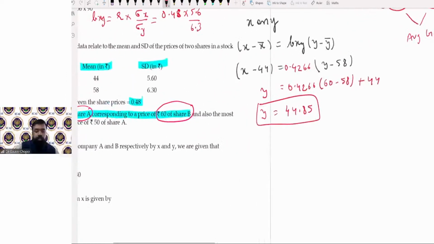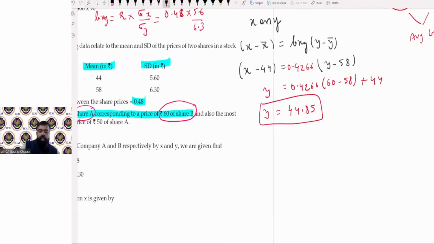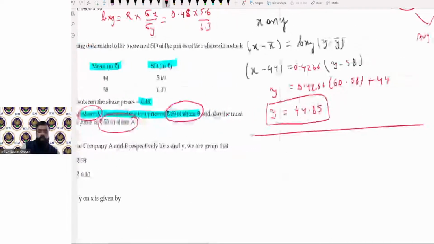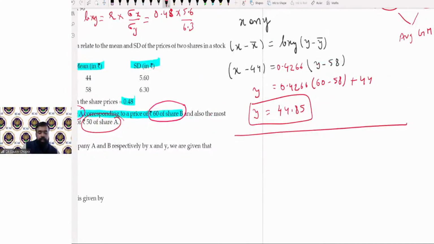So first part we have done, that is x1y. Now the second portion is the most likely price of share B you have to find when price of share A is 50. Now this time value of x is given, 50, and you have to calculate y. So use the equation y on x.